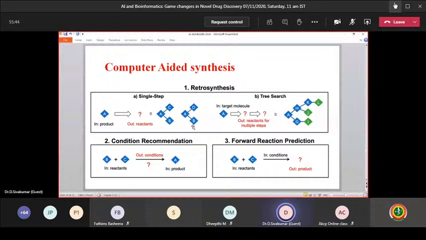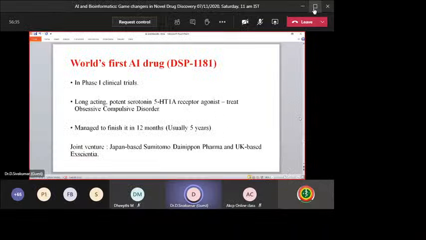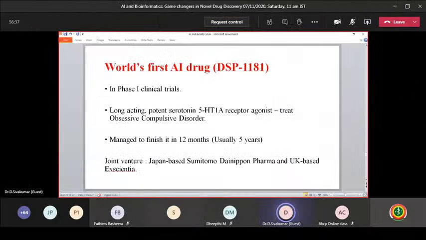Okay, so I quickly rushed through some of the significance of the AI, and very briefly how this AI can be trained. But there may be a question in your mind: bioinformatics has been there a long time, and you have shown several drugs. What about AI?